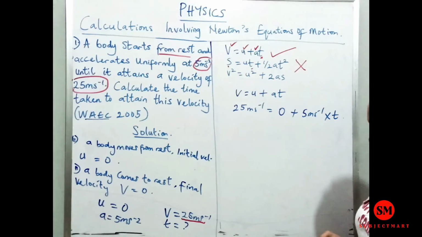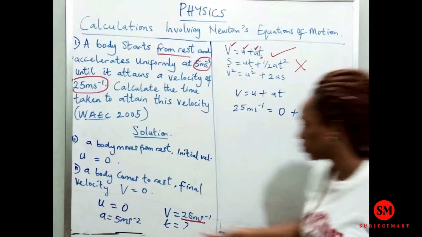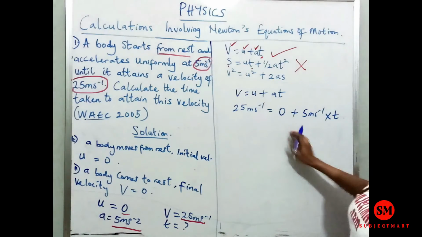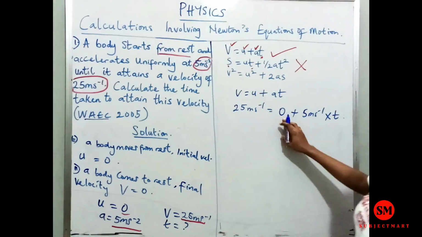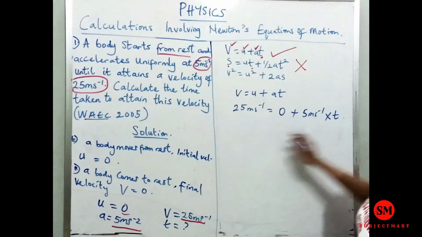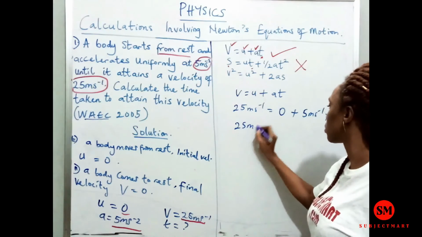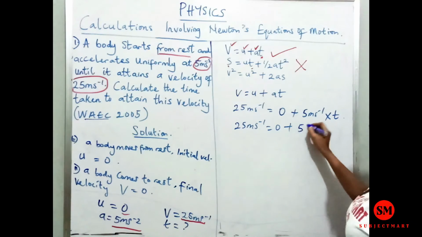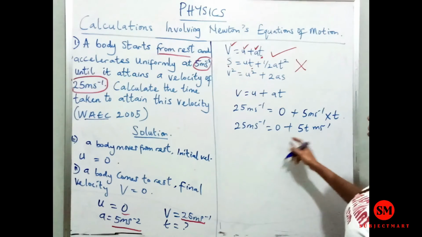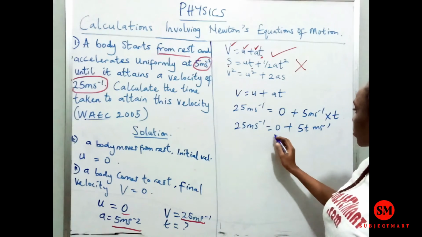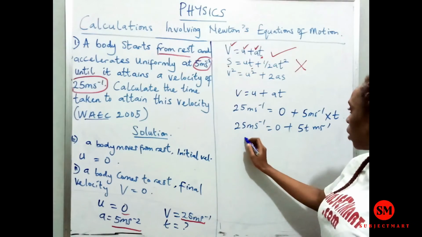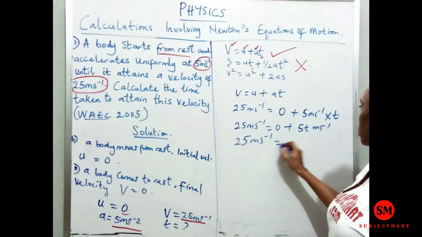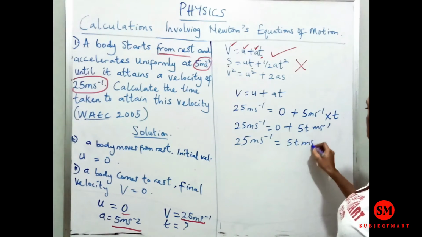T is unknown. Okay, so from here, this multiplied by this, 5 times t will give us 5t meters per second. So from here we have 25 meters per second equals 0 plus 5t meters per second.